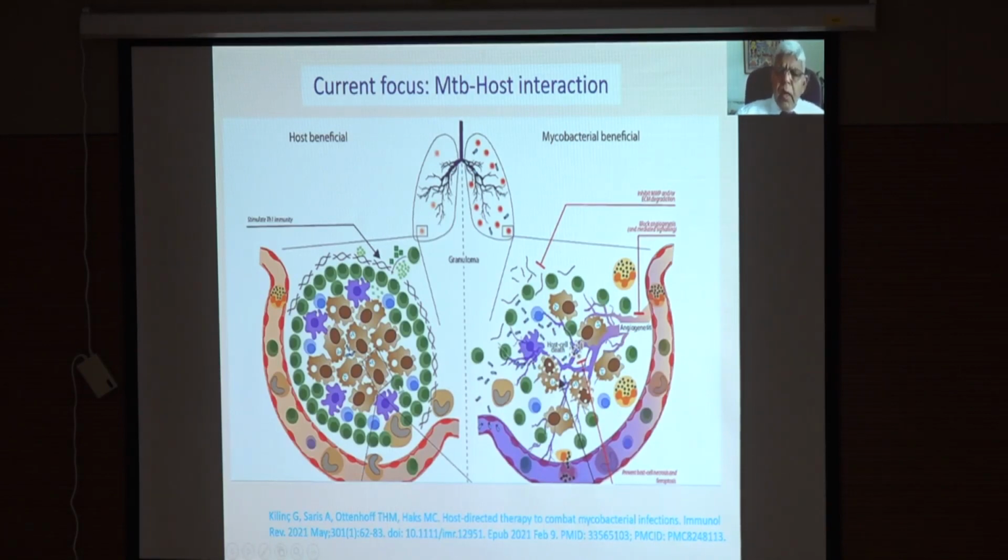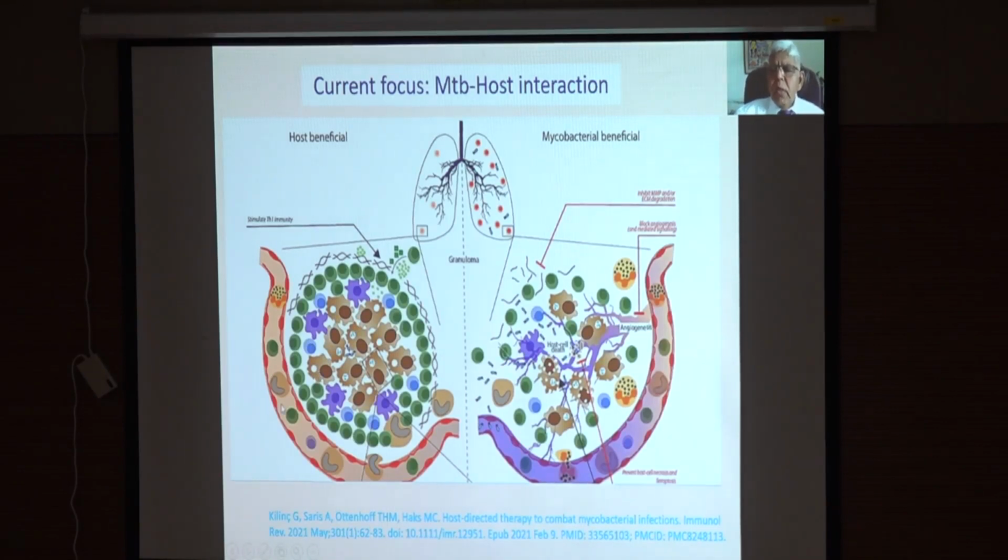Now, this is how the body is able to contain the granuloma. That is how the infection is contained. And these bugs are sitting in the macrophages or phagocytes, and they are not able to go anywhere and cause damage. But what is happening?